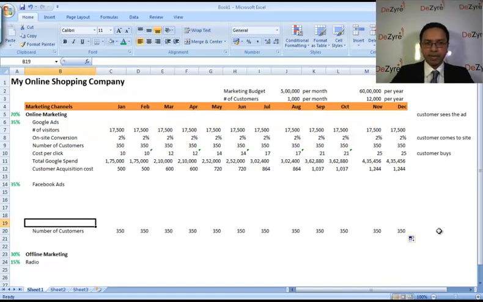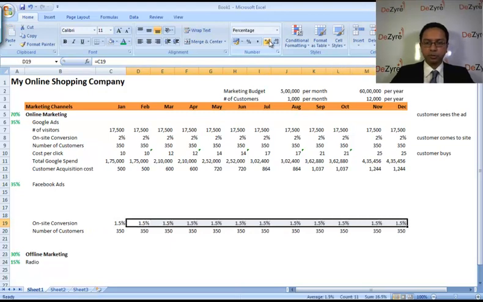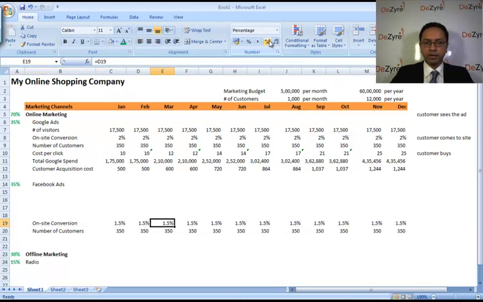The next step is on-site conversion: what percentage of people who come to your website actually buy the products? I'm going to say for Facebook, on-site conversion is 1.5%. I'm going to make that equal, and draw it across.